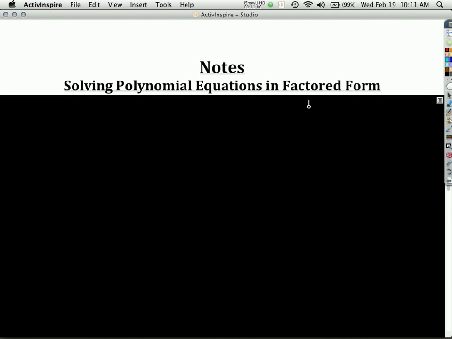For the last 3 lessons, the beginning of chapter 9, we have studied polynomials and 3 different operations: addition, subtraction, and multiplication. Now we're going to introduce the idea that you've actually been studying since the beginning of the year, but never with polynomials. And that is the idea of solving an equation that has a polynomial in it.